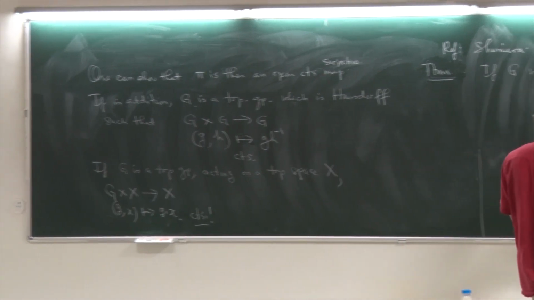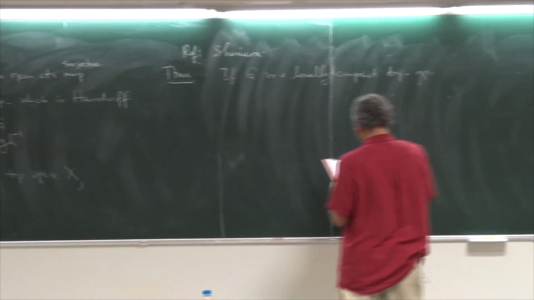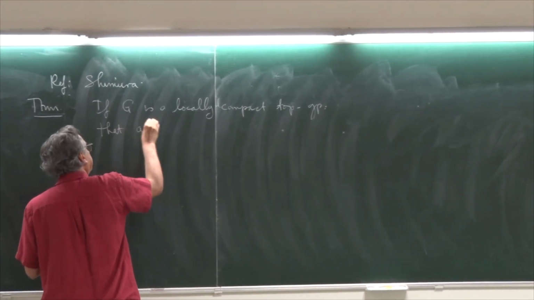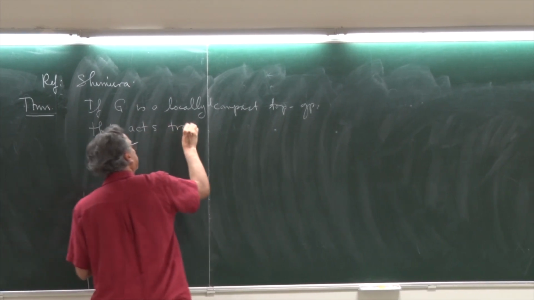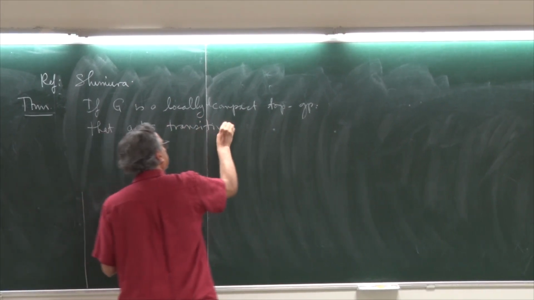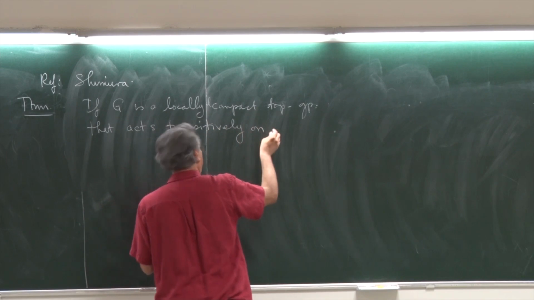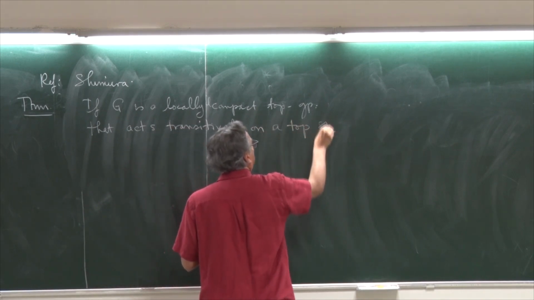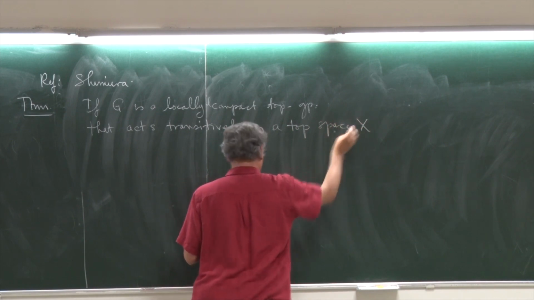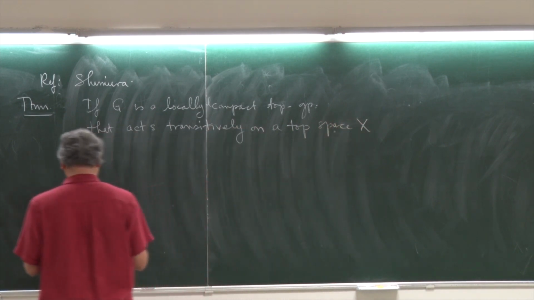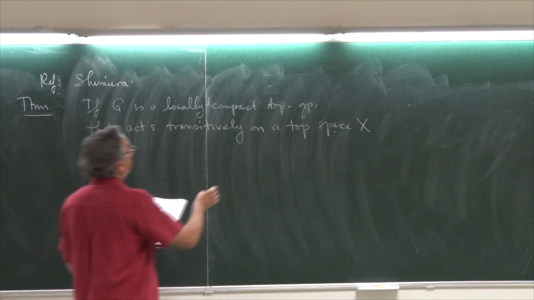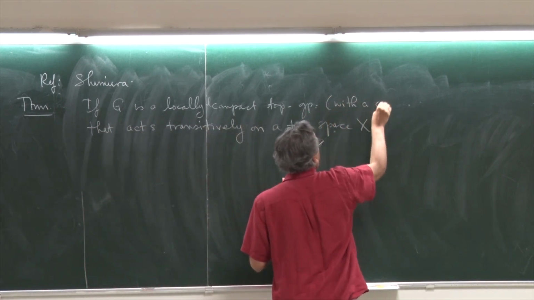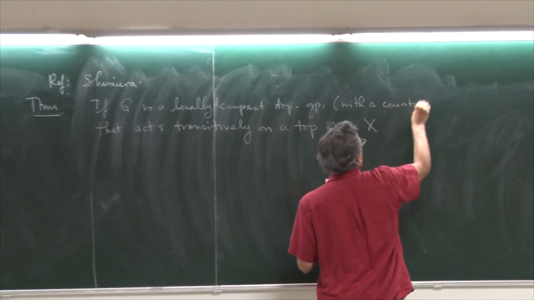The theorem is: if G is a locally compact topological group that acts transitively on a topological space X, I should have, okay, I'll just put, with a countable basis of open sets.